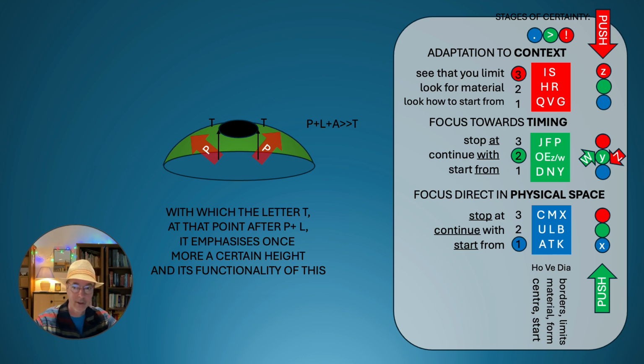But because it's also already started from P, from this pressuring, pushing forward, pushing towards its limits, it is also up, and the A will have to follow after L taking shape. It's already lifted up, and it ends there within T in the vertical again.